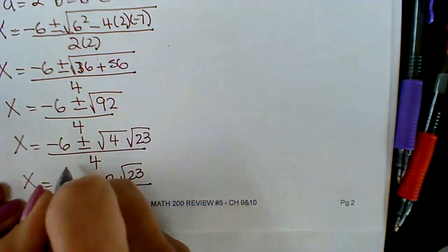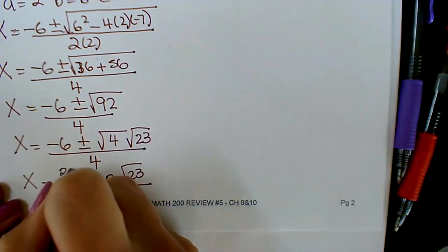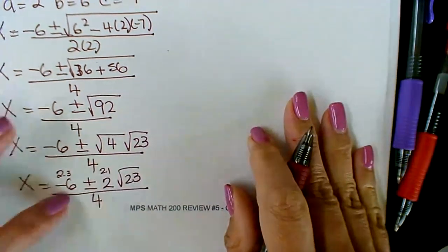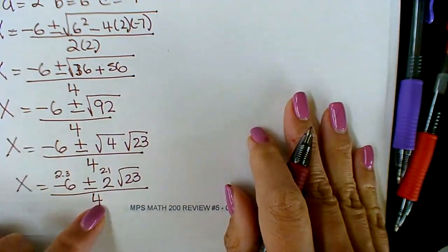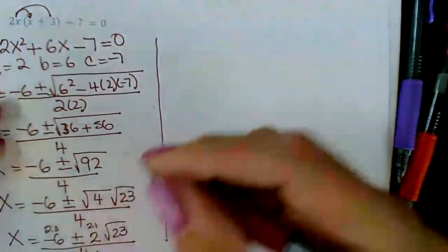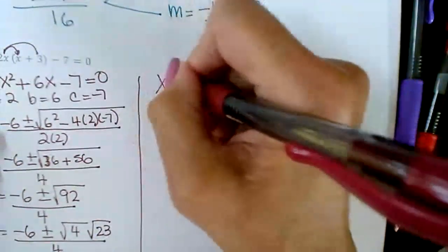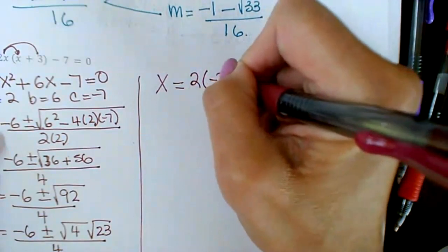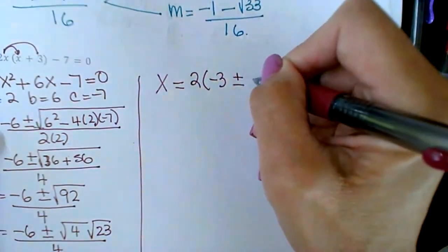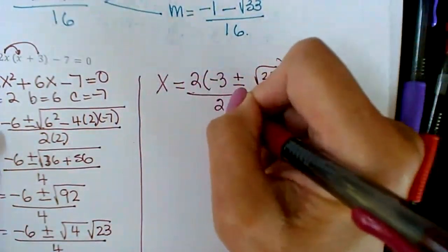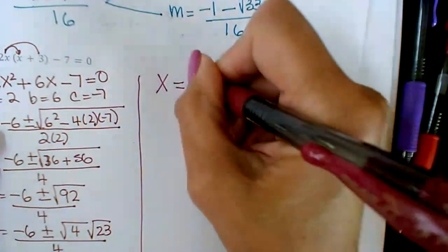Right? So this is going to be 2 times 3 and 2 times 1. So I could factor out the 2 and cancel it with the 2 from the 4. So let me do it. So this is going to be 2 times negative 3 plus or minus the square root of 23, divided by 2 times 2.